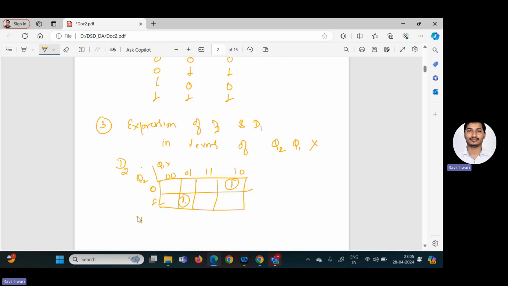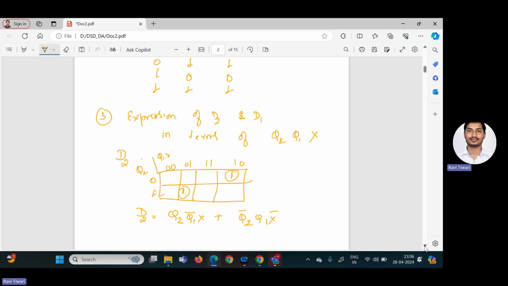Individual terms are there, and that is represented as Q2 Q1 bar X plus Q2 bar Q1 X bar. So this is the expression for D2.